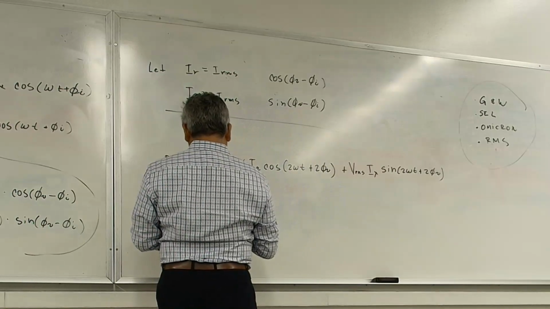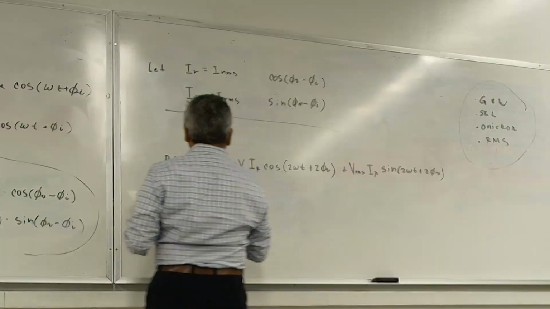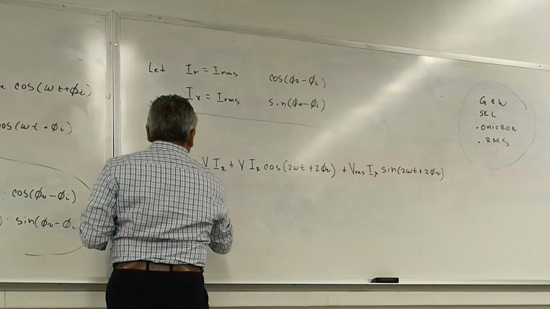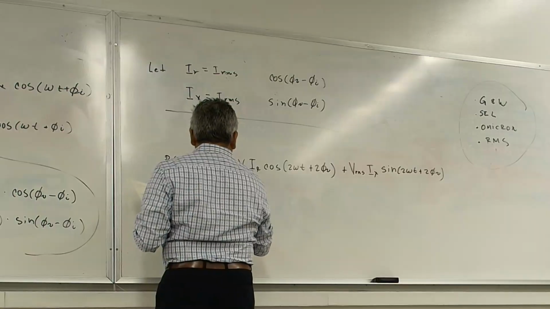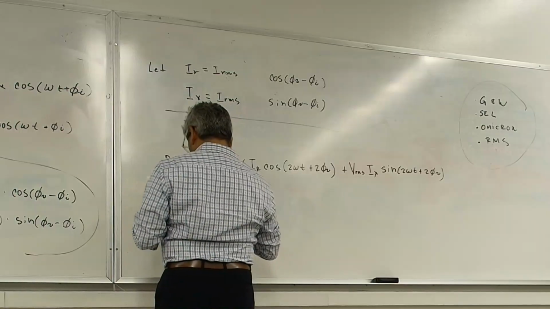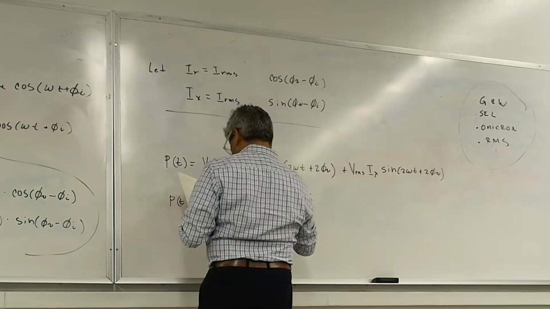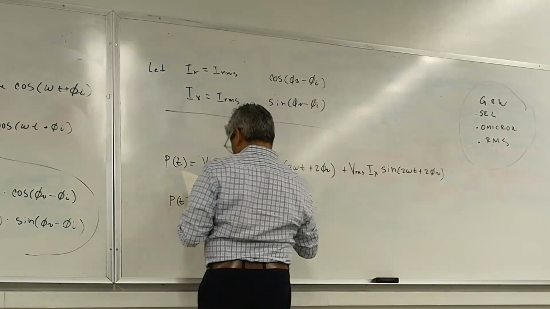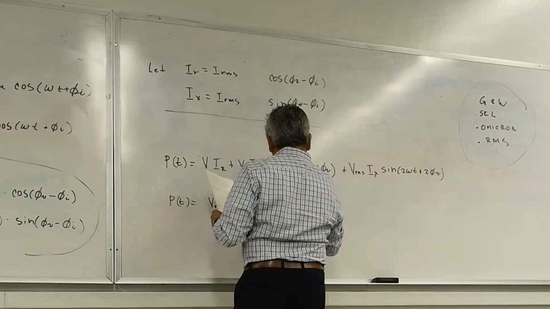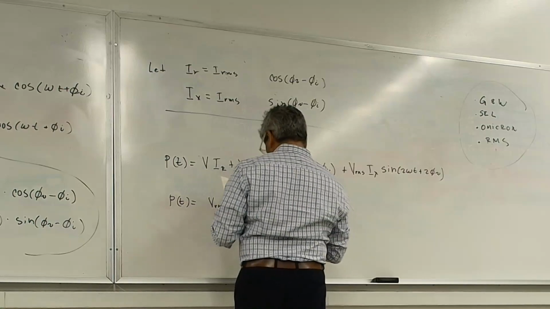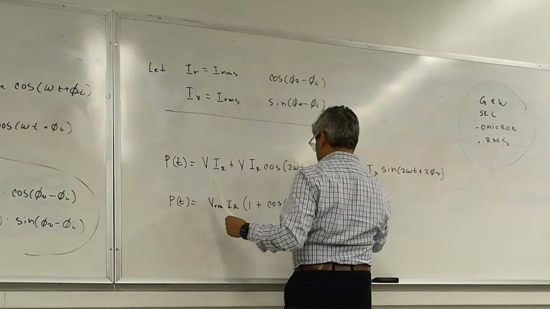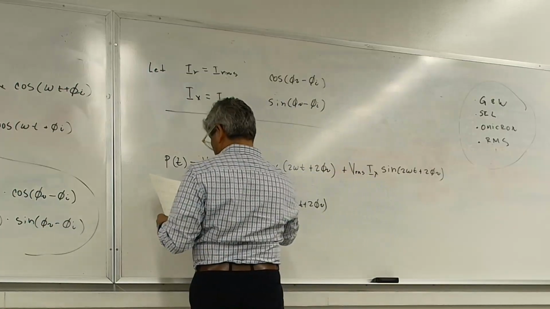Yeah, and then last but not least, p of t is equal to V RMS I R times 1 plus cosine 2 omega t plus 2 phi V. I'm going to close this. I'm going to open this bracket.